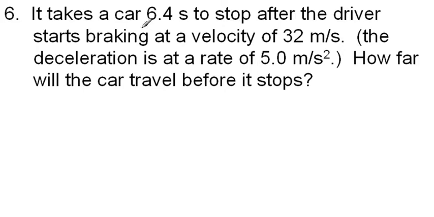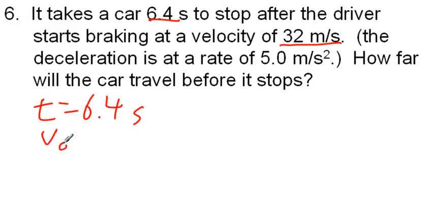We are told the time, so we can say our time is 6.4 seconds. Starts braking at a velocity of 32 meters per second. So in this case, this is our initial velocity, so our v naught is equal to 32 meters per second.